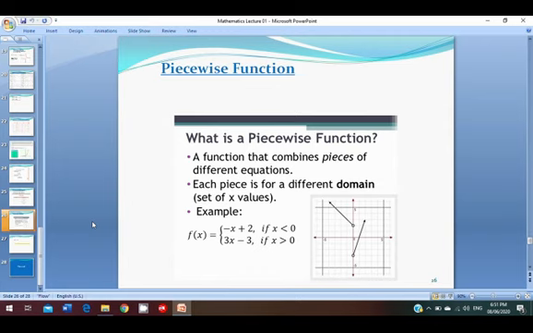But in the second case, where we have 3x minus 3 if x is greater than 0, you have a domain for this expression starting from greater than 0 to plus infinity. So we can say that a piecewise function combines pieces of different equations, each piece for a different domain, right?